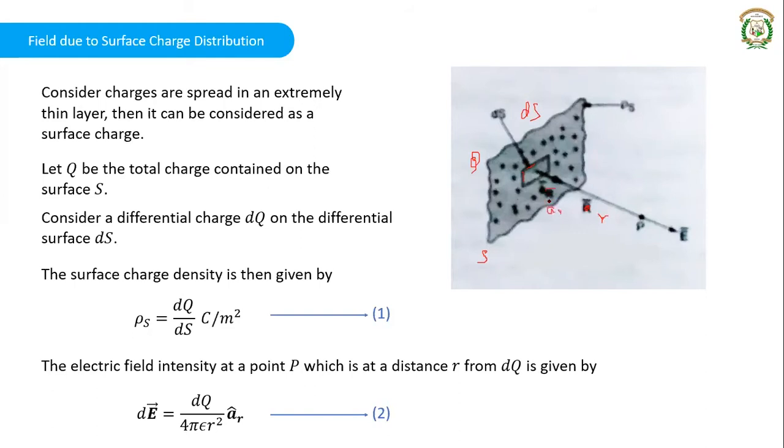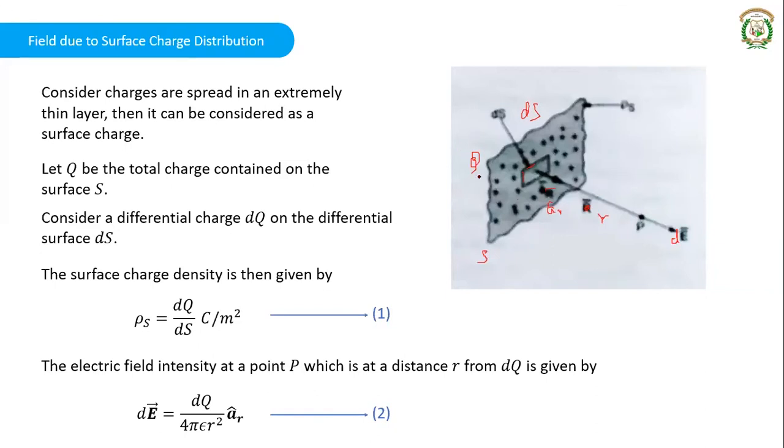This is the differential electric field intensity due to the differential surface ds, which has the charge of dq.